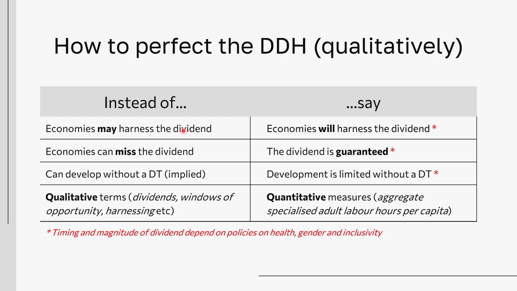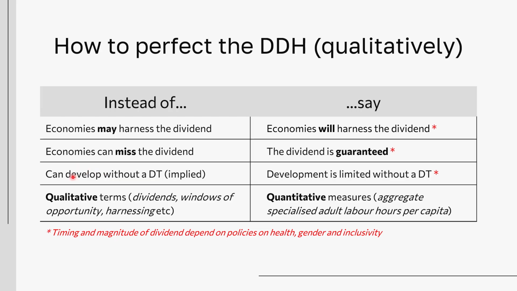It's also consistent with the empirical evidence. There is no such thing as nations missing the dividend. This is a purely theoretical outcome, so one should avoid the conditionality. And once again, you want to avoid the alarmism of nations missing the dividend, and instead you should say the dividend is guaranteed, because it is.